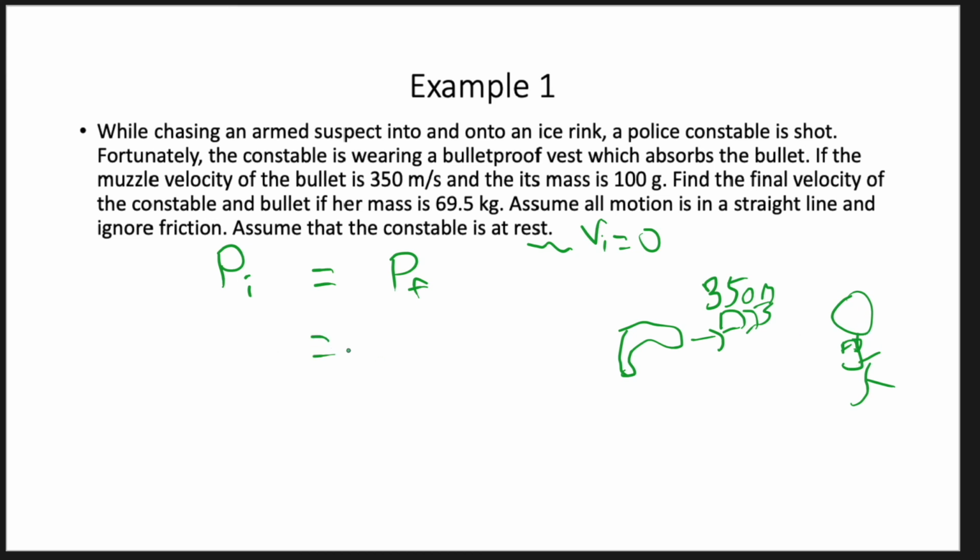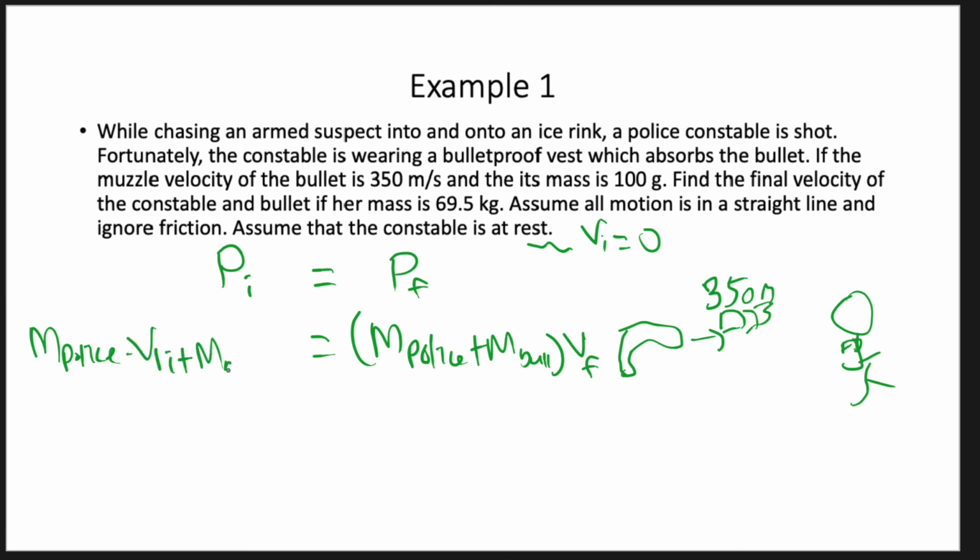So pf is equal to police plus bullet times vf, and initial momentum is equal to police times v1i plus bullet times v2i. Here it says the constable is at rest, so this has got to be 0.